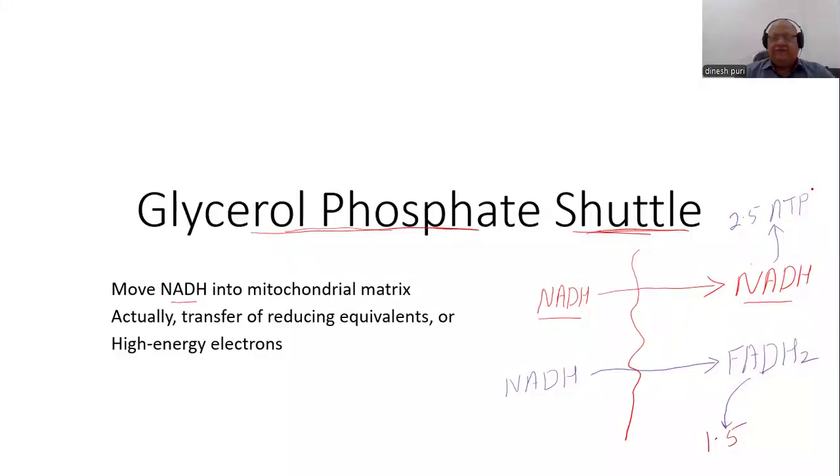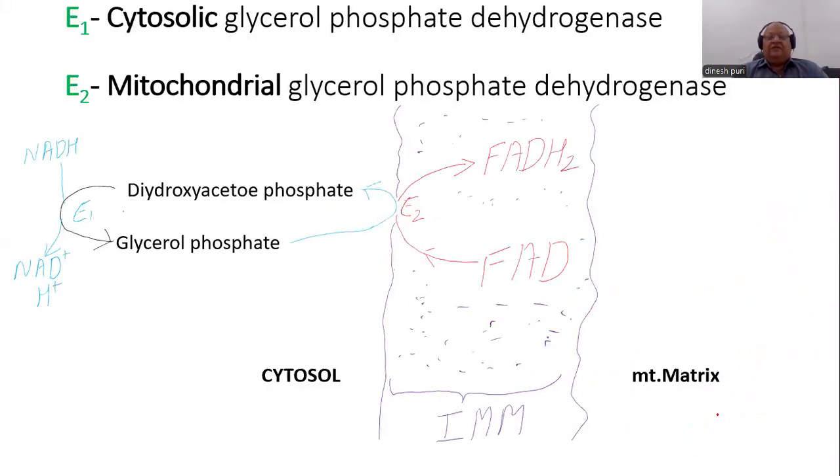In that case, we found for NADH 2.5 ATPs were generated. Today, we are going to see this different type of shuttle. Here, instead of 2.5, 1.5 will be generated. We must understand operation of this shuttle to understand this point. This is much simpler in design.